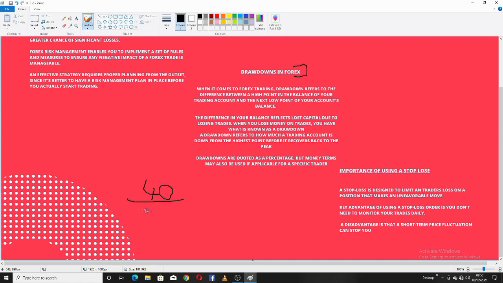Depending on the account, that 40% can be $40, it can be $400, it can also be $4,000, depending on your account size. So you can calculate your drawdowns by percentage or money value.